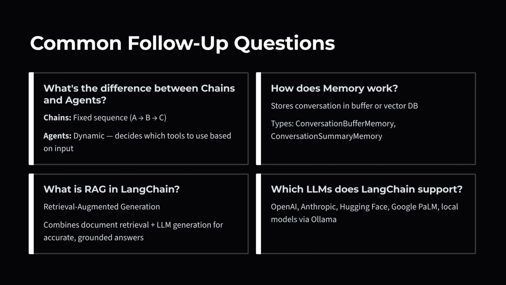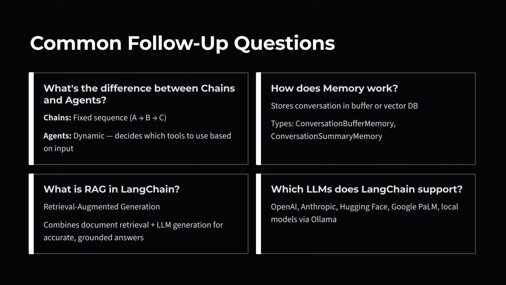Memory stores conversation history either as raw text or compressed summaries, helping the model respond with awareness across longer chats. RAG combines retrieval with generation, so answers stay grounded, a crucial requirement for support teams, legal workflows, or compliance reviews. LangChain supports OpenAI, Anthropic, Hugging Face models, Google's large models, and local models through Ollama, which companies appreciate when privacy matters.